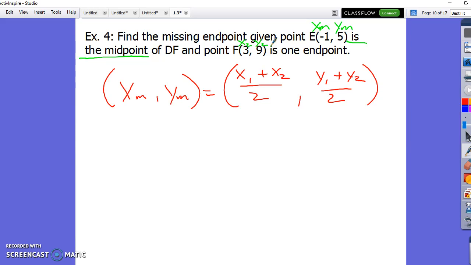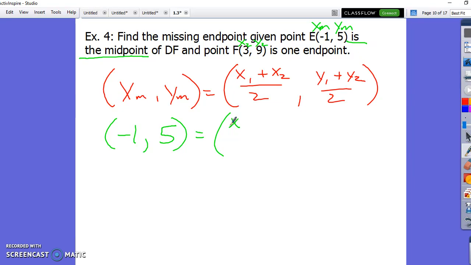Excuse me. Hannah, what am I going to do now? Tell me how that's going to go. Yep. We're going to put our midpoint in over here. So XM is of course -1, YM is 5, and then when we substitute over here, we no longer need the sum, so we can just leave it as X, okay?